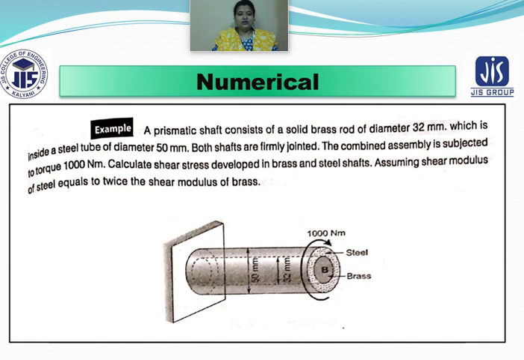As you can see in the figure, it is just an example of a parallel composite bar. You can see the steel tube of 50 millimeter diameter, and the inner part is made of solid brass material having 32 millimeter diameter. So outer is steel and inside is brass, and a torque of 1000 Newton meter has been given.